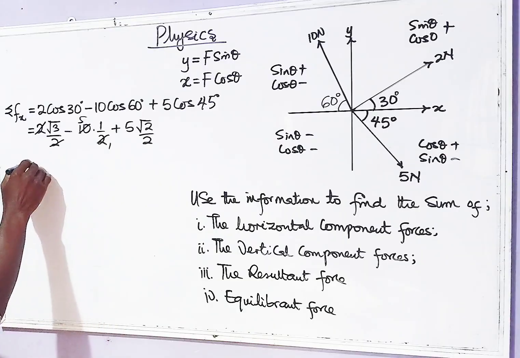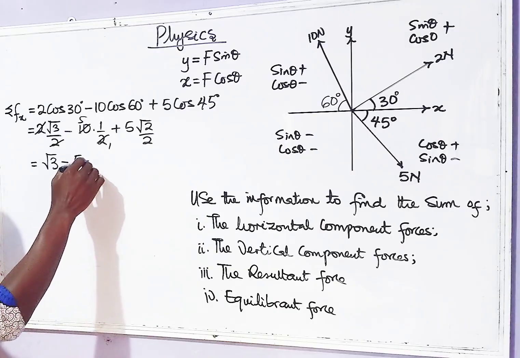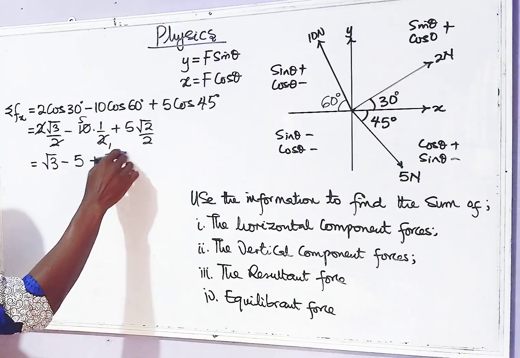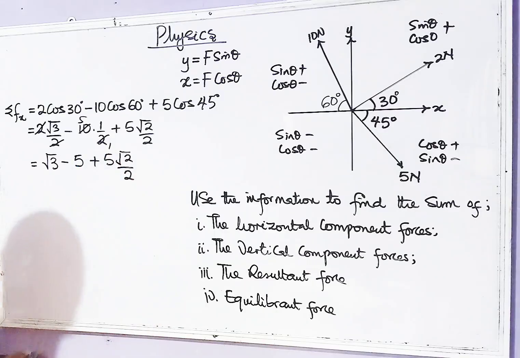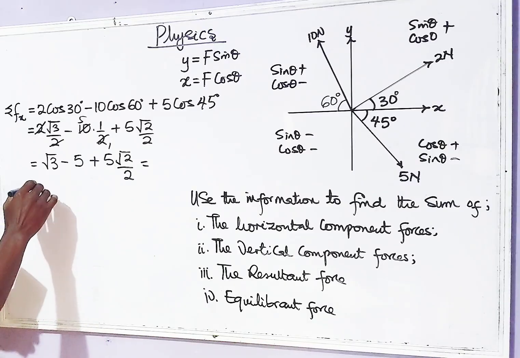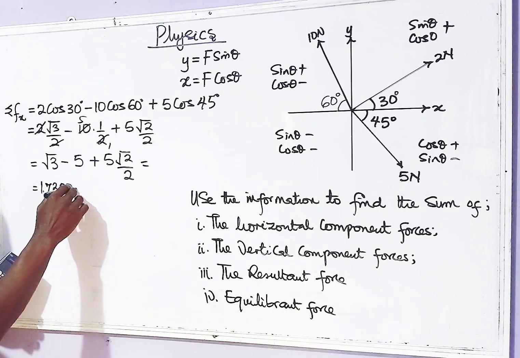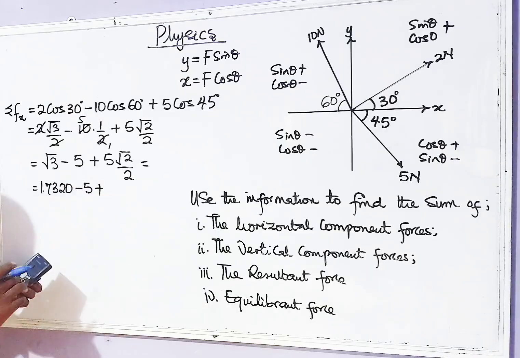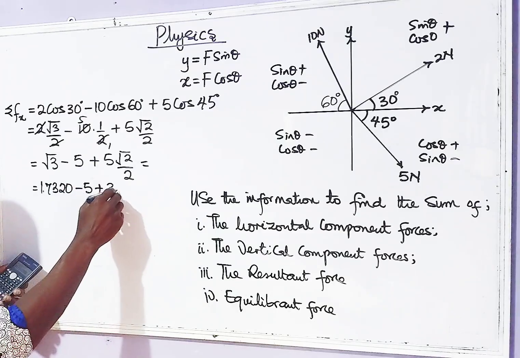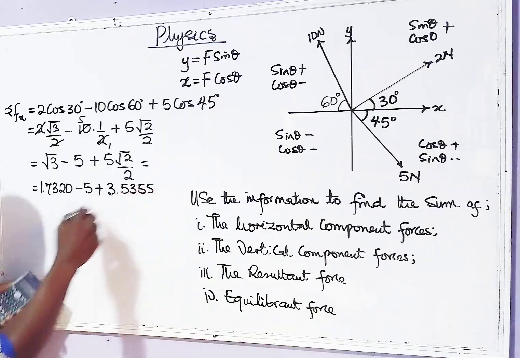So we are left with root 3 minus 5, then plus 5 root 2 all over 2. If we punch this into our calculator, we have 1.7320, then minus 5, then plus, to give us 3.5355.